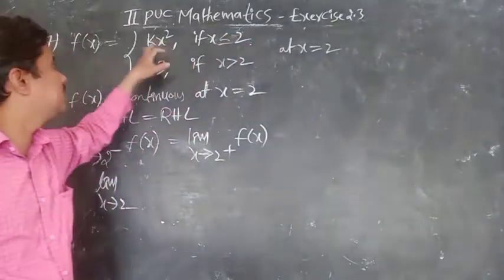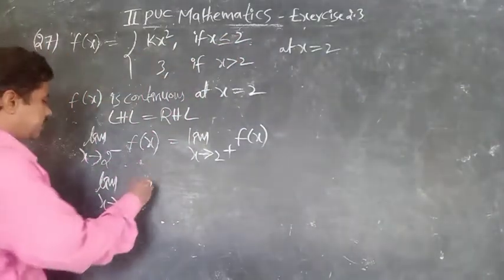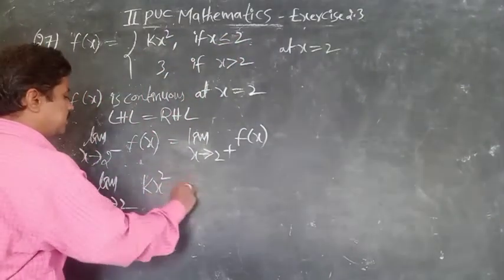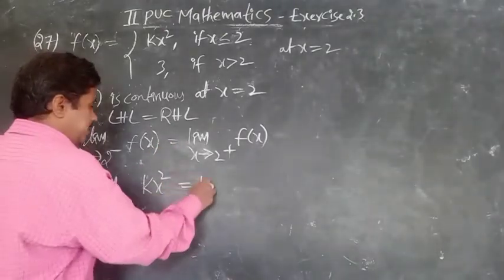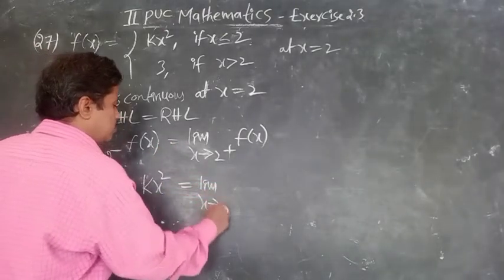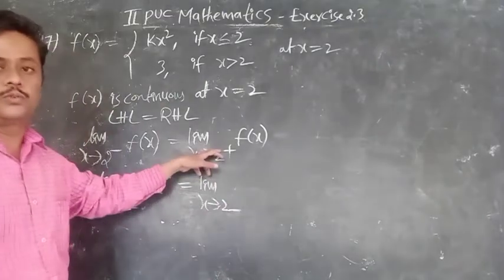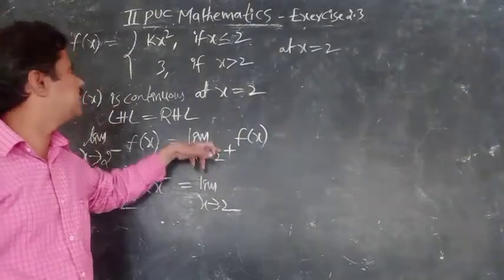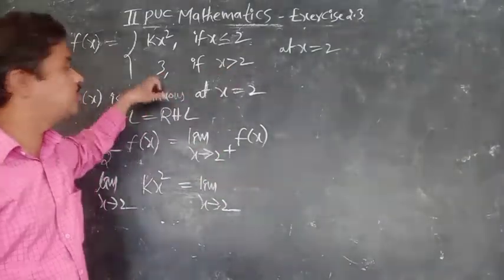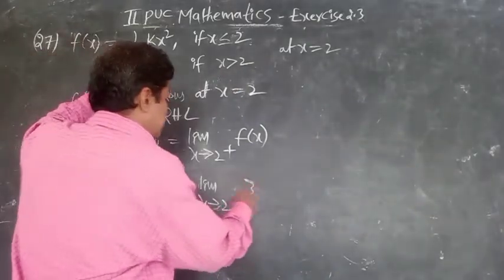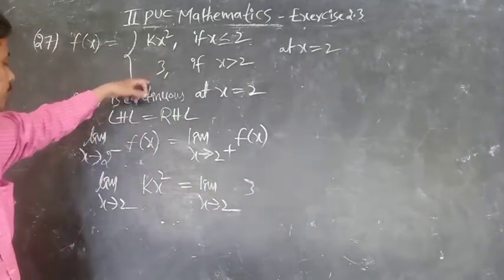X less than 2 is kx square. So write down kx square is equal to limit x tends to 2 plus. 2 plus means what? Greater than 2, x greater than 2. So we have to use this function. So 3.